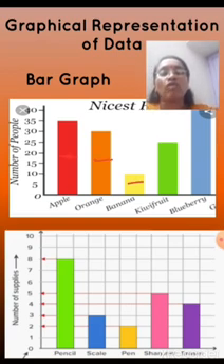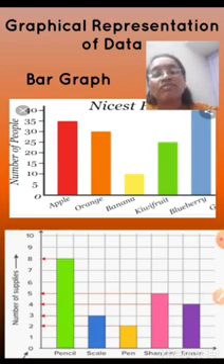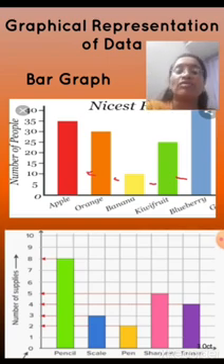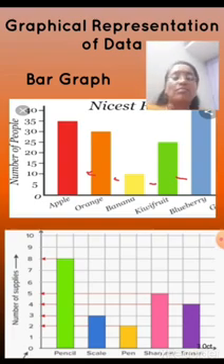And the gaps in between the bars, those white gaps you see here, should also be uniform. These are the two main things to keep in mind when drawing a bar graph. And see one more example in this picture, that is also a bar graph.